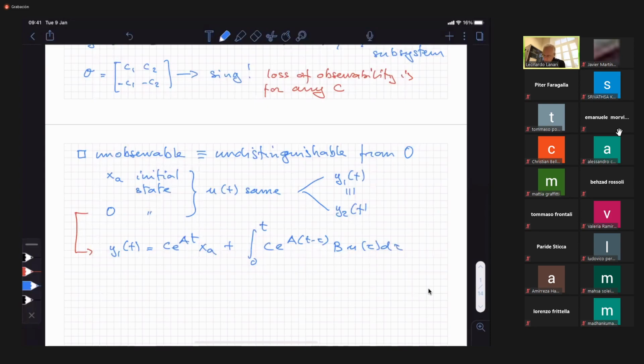We assume D is equal to 0 just to make things simpler. The second output corresponding to the zero initial condition, of course, would have this first term equal to 0, and then we would have the forcing term coincident.